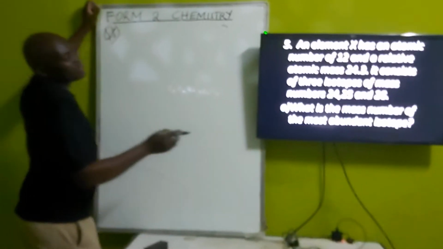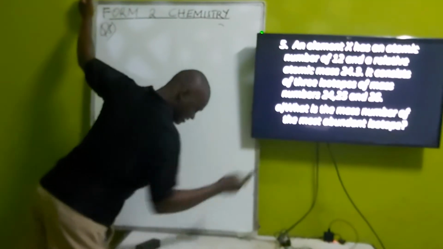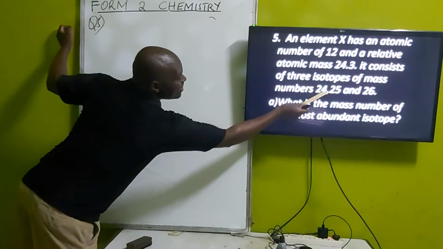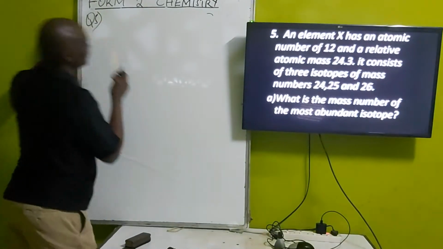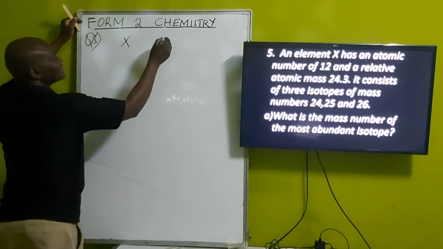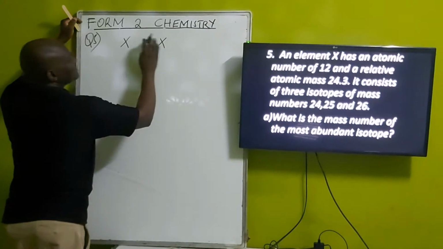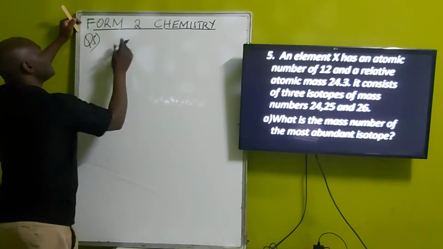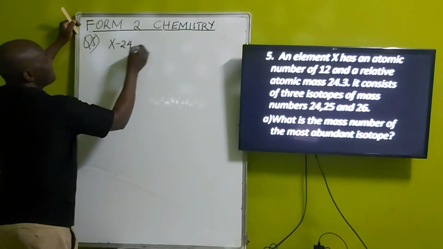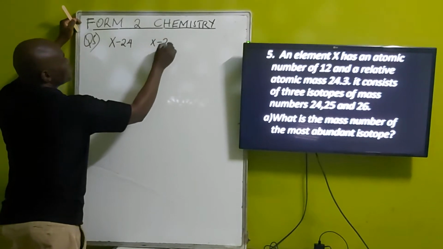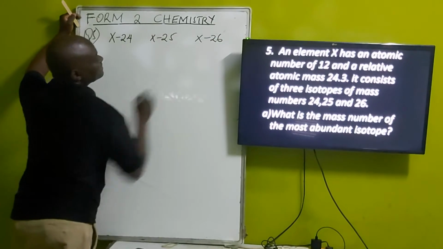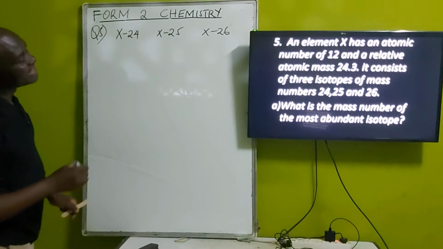Now, this element consists of 3 isotopes, that is 24, 25, and 26. So we are going to have 3 isotopes of X. We have X24, X25, and X26.